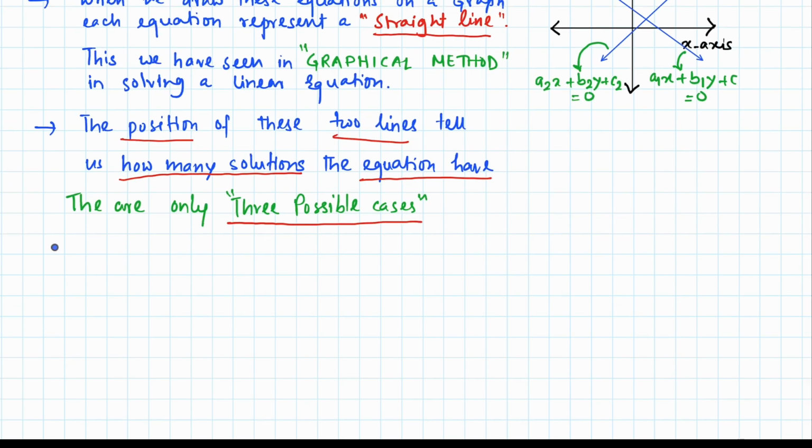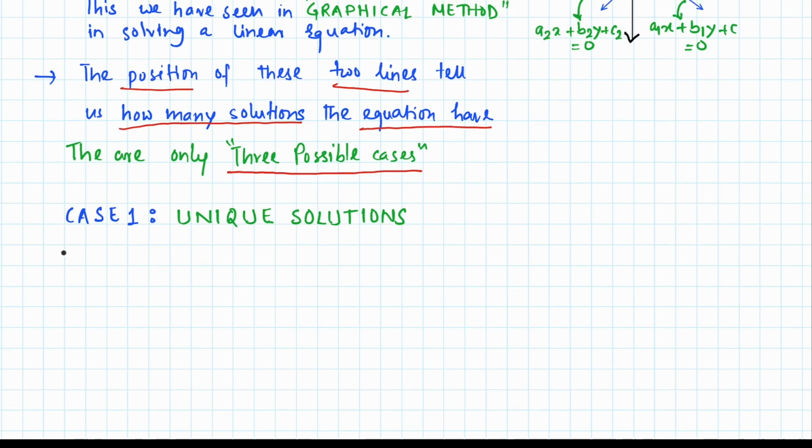On the basis of the position of the lines on the graph, we can see how many solutions there are. There are only three possible cases. Case 1 is what we call a unique solution. We will try to interpret it on the graph, and also see the mathematical conditions one by one.